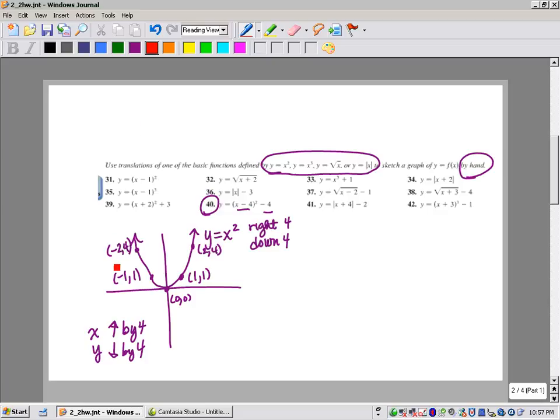Increase x by 4, decrease y by 4. So whenever we go to the new graph, what's going to happen?